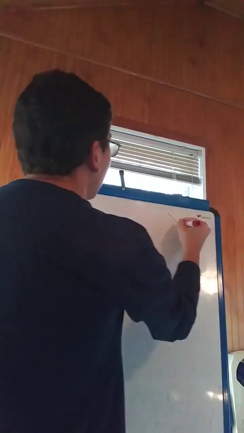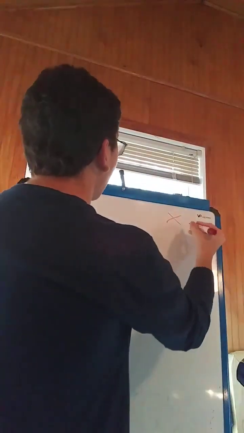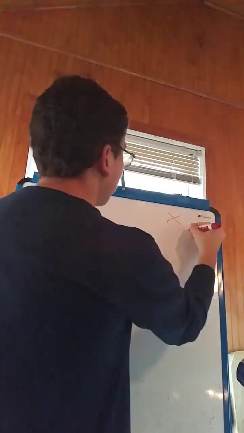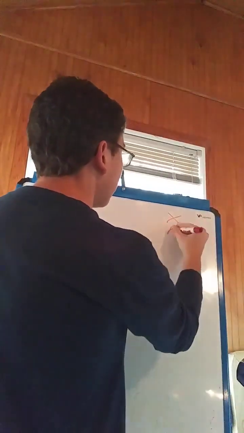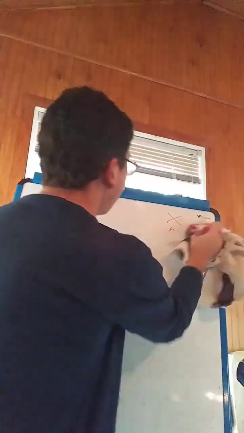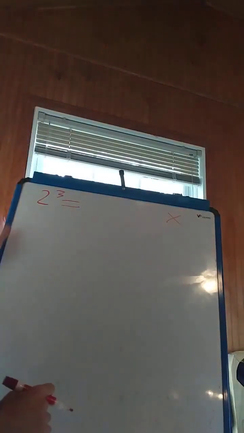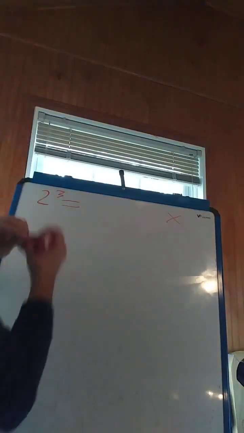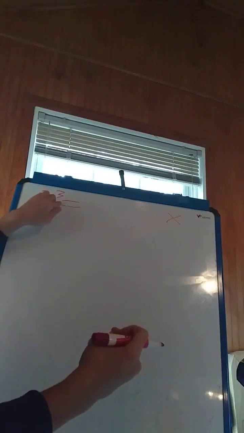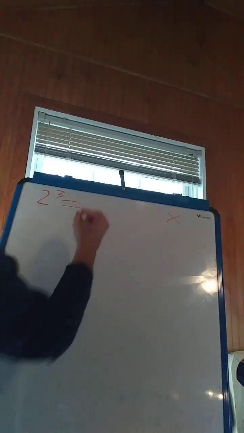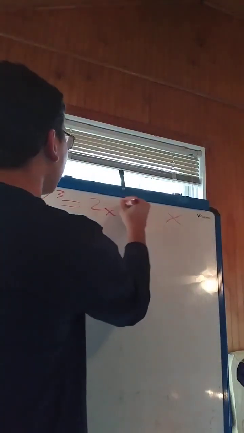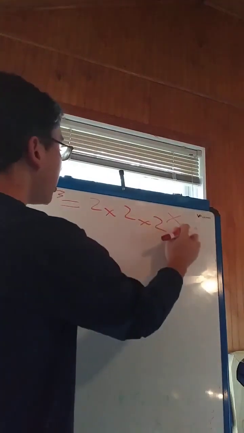So, multiplying is the rule. We take 2, we times 2 three times. This is what this means. So, 2 times 2 times 2.